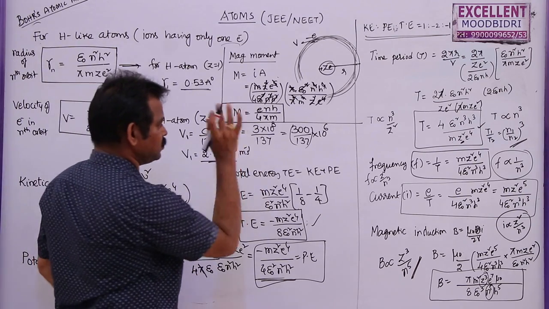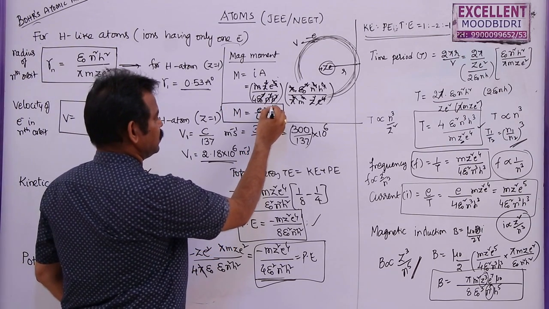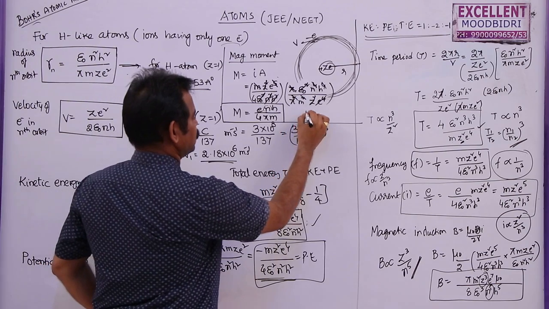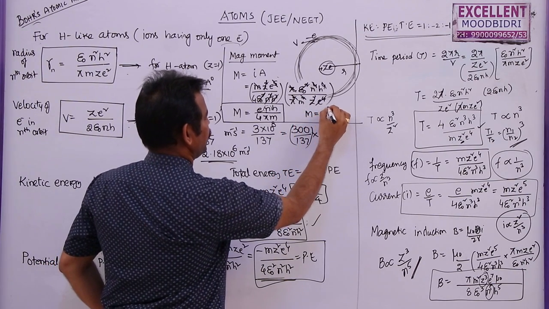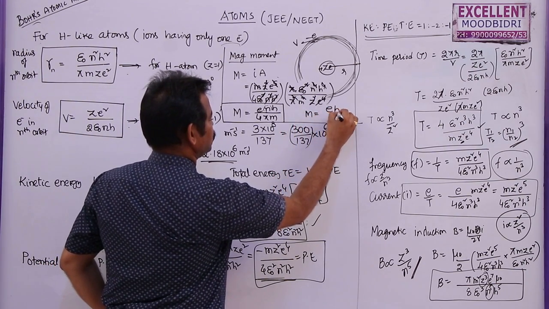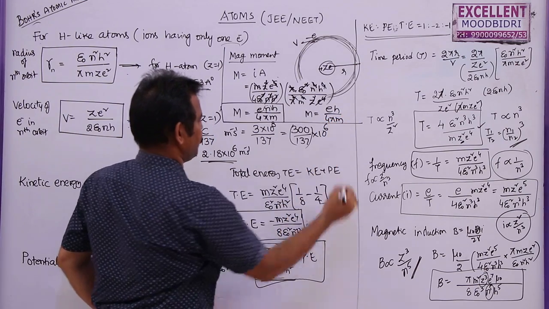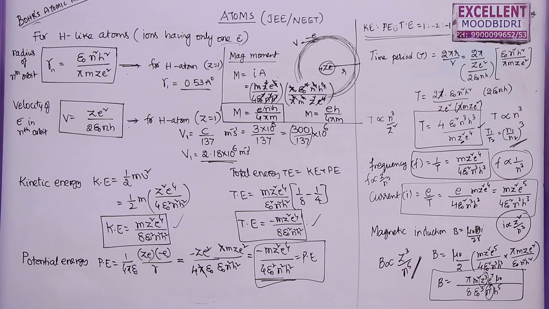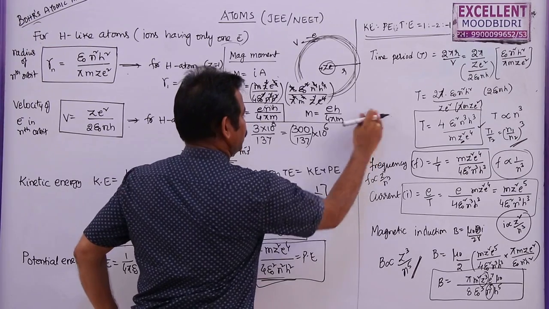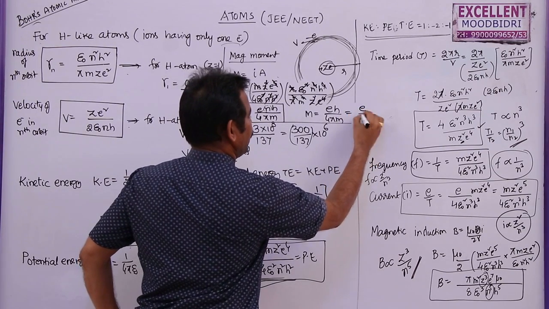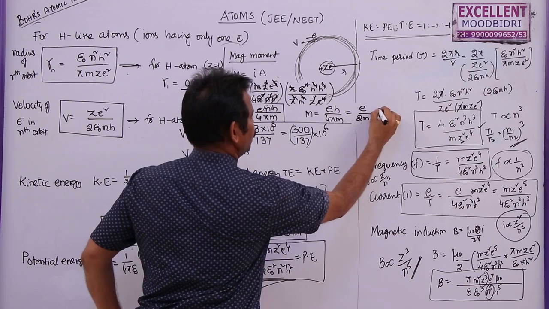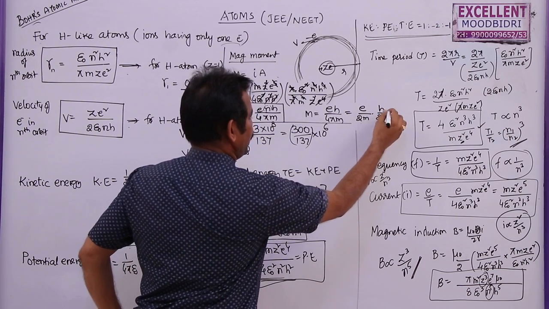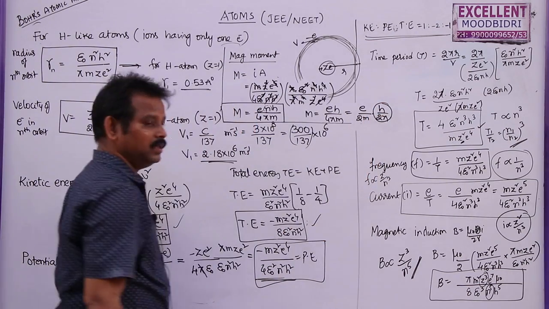So for hydrogen atom, as we know that this n is equal to 1, so magnetic moment is given by e h by 4 pi m. This can also be written as e by 2m into h by 2 pi. You can see this is nh by 2 pi.